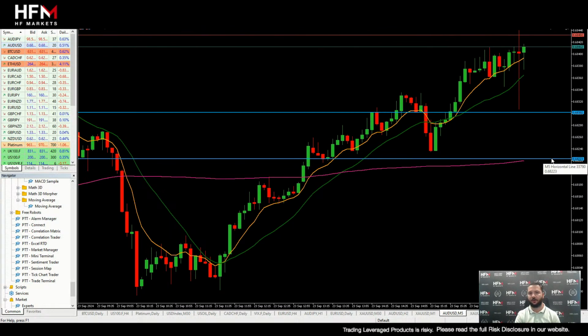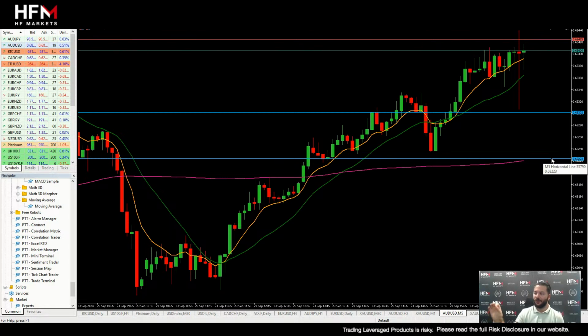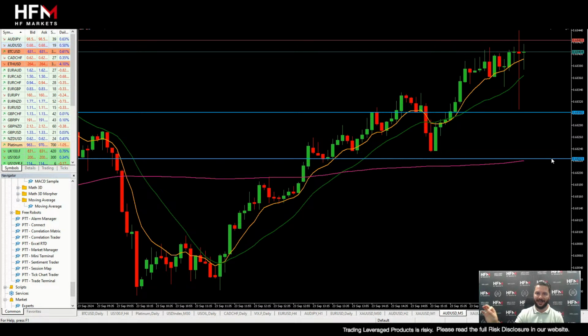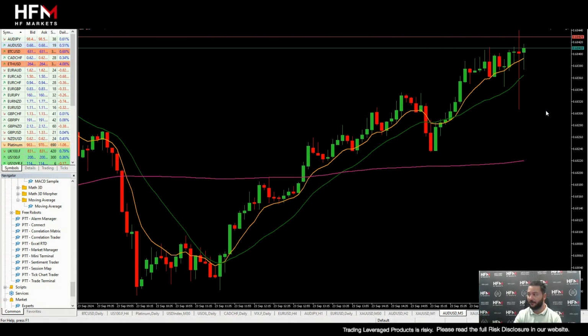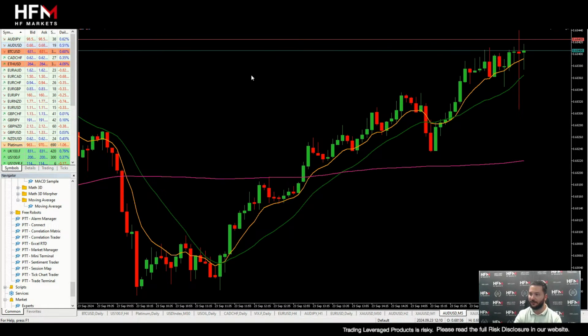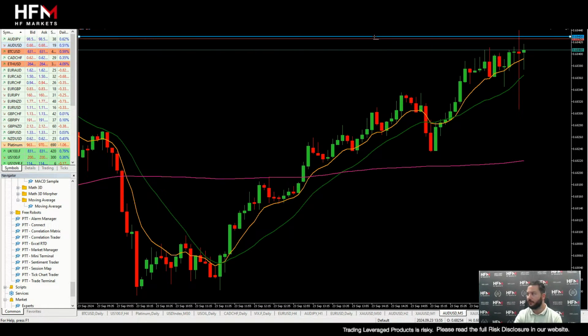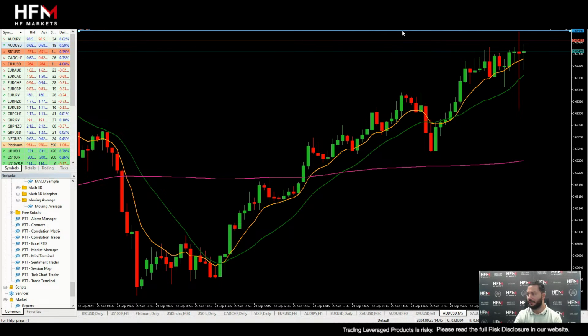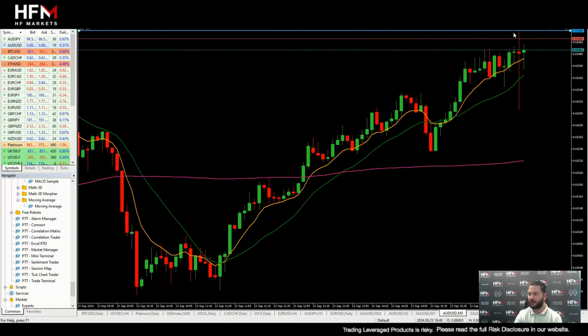For example, if tomorrow the Reserve Bank of Australia is going to cut interest rates unexpectedly, of course you're going to ignore those levels. So that's one thing for us to take into consideration. The other thing for us to take into consideration as well, of course, is if we're going to increase above this level here. This is the price rejection level. It's also the resistance level.